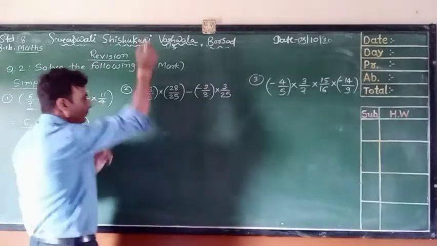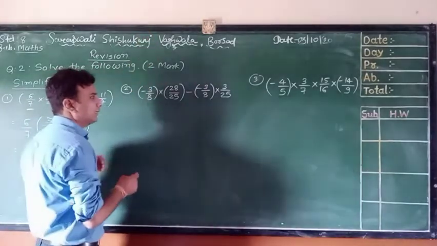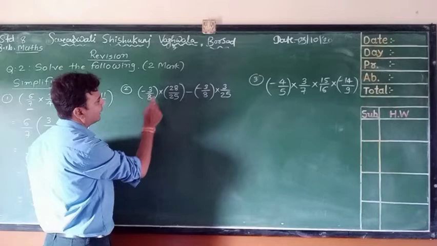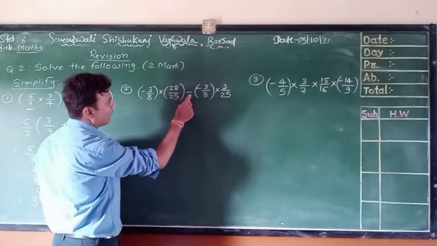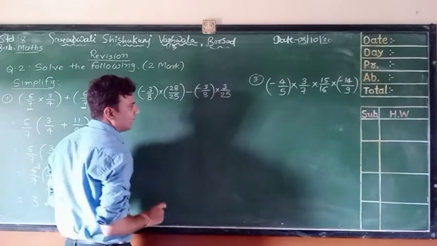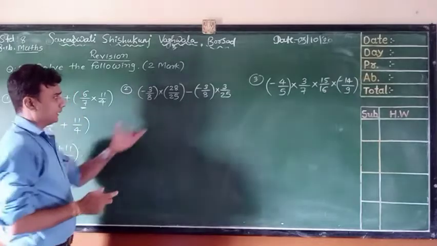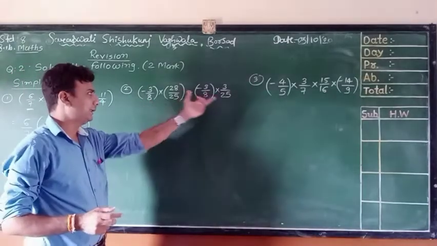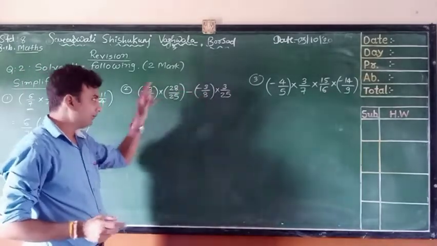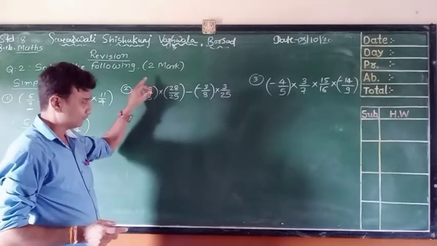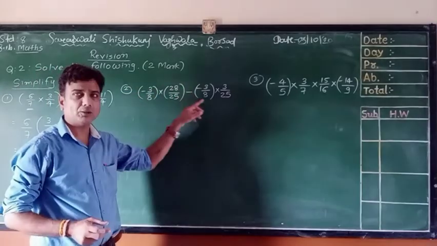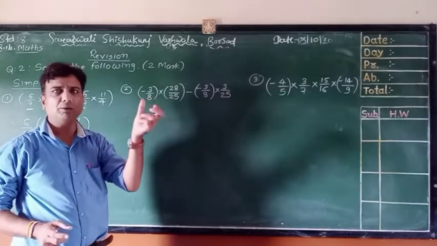In the second number sum, we will use the same concept here. Here minus 3 by 8 multiply 28 by 25 minus 3 by 8 multiply 3 by 25. Same situation here. In both brackets we can observe minus 3 by 8 and here also minus 3 by 8, both numbers the same.